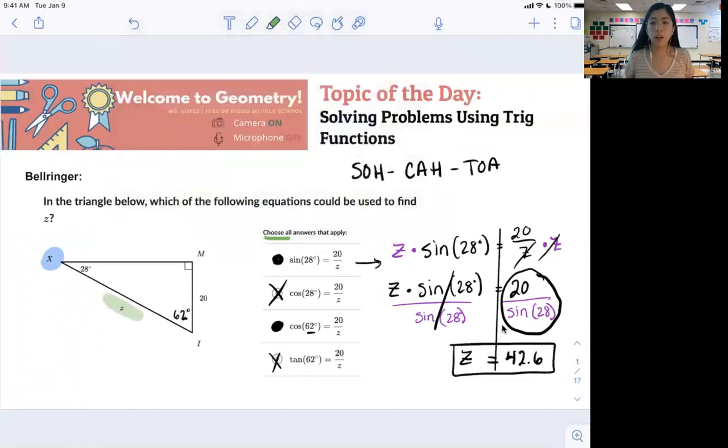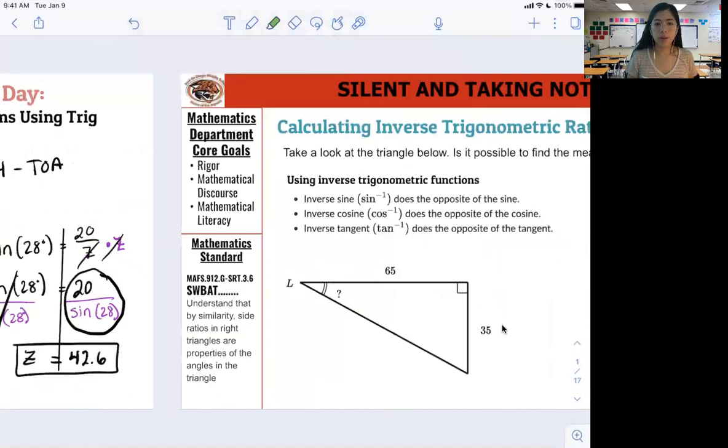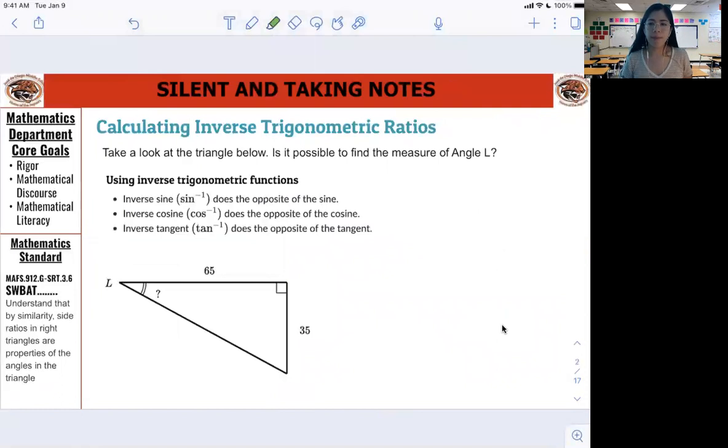We didn't know how long that length was. Well, what are we missing in this case? The angle. Exactly. We don't know the angle measurement. We know everything else, but we don't know the angle. Well, that's where the inverse trig functions come into play.